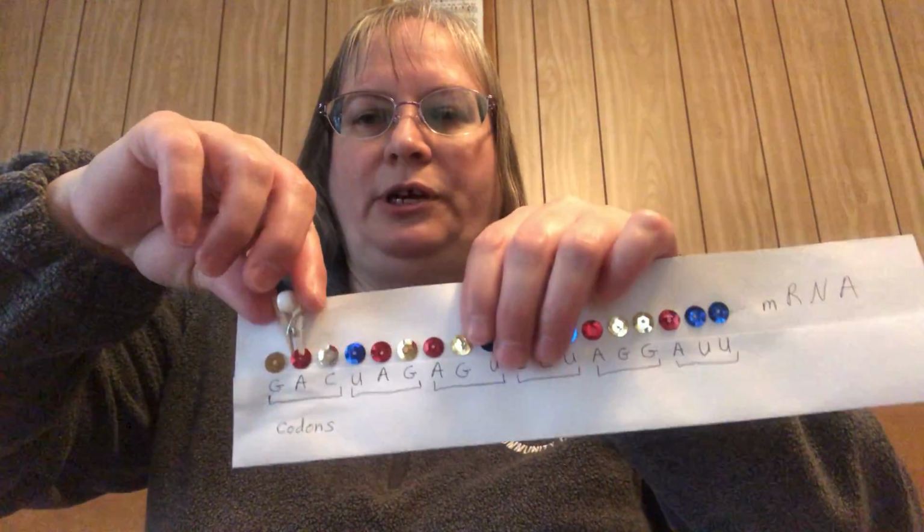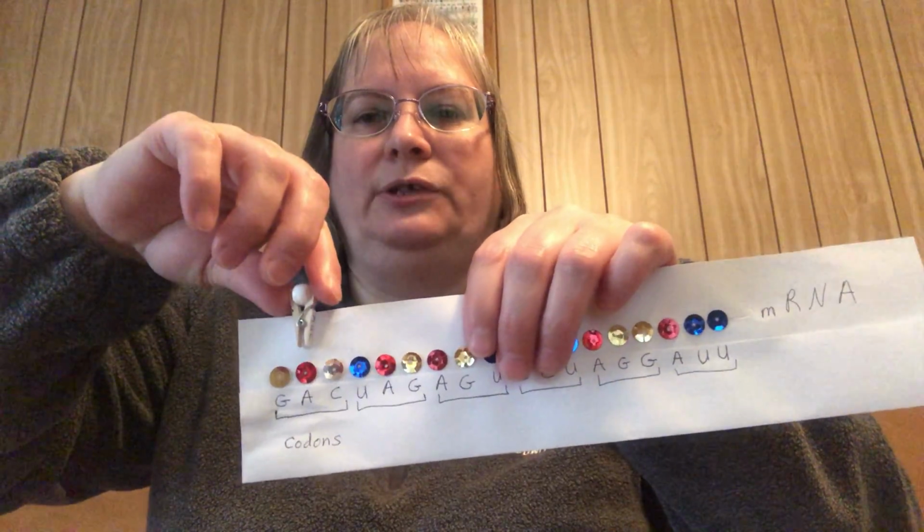This transfer RNA has an amino acid here, and it has an anticodon over here that complements the codon. With our mRNA, the start codon comes in here, and then the tRNA says, oh, I recognize that. I complement that. I'm going to go down and be right here.